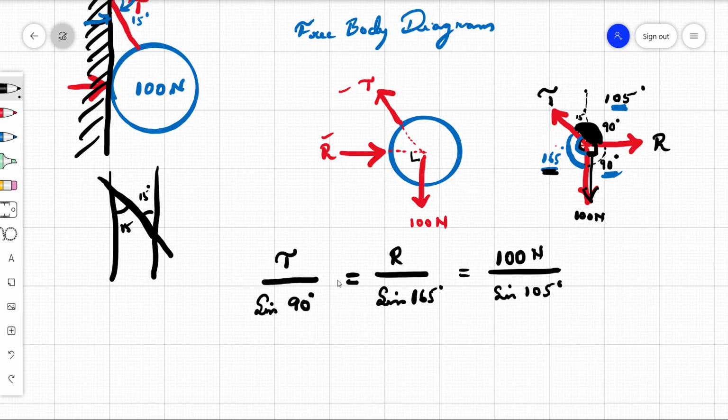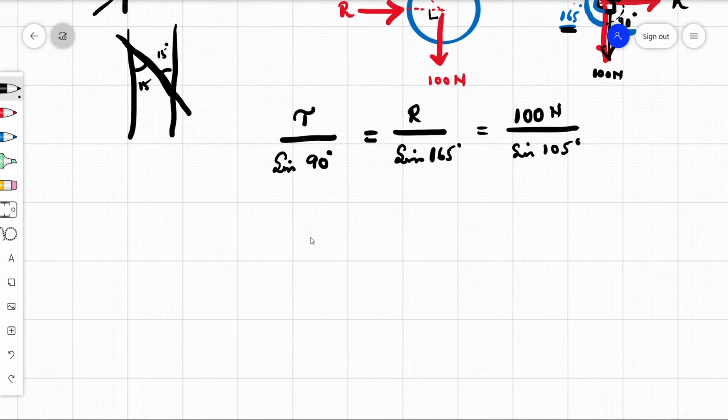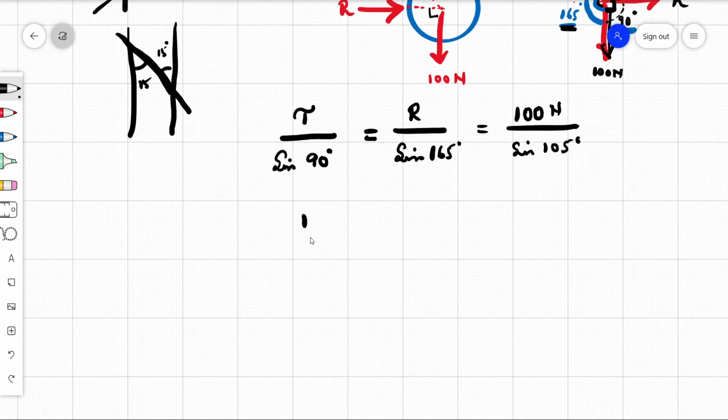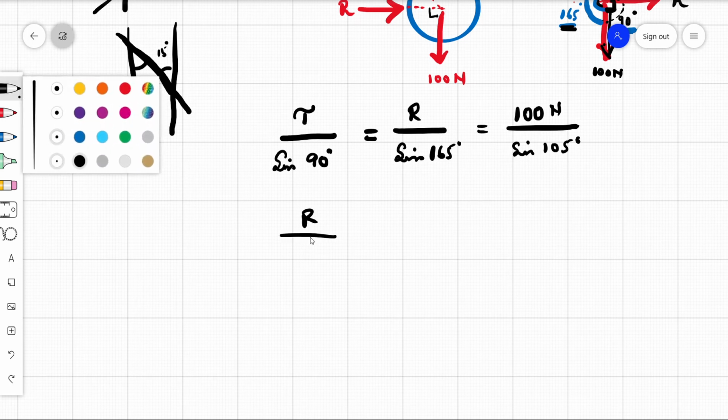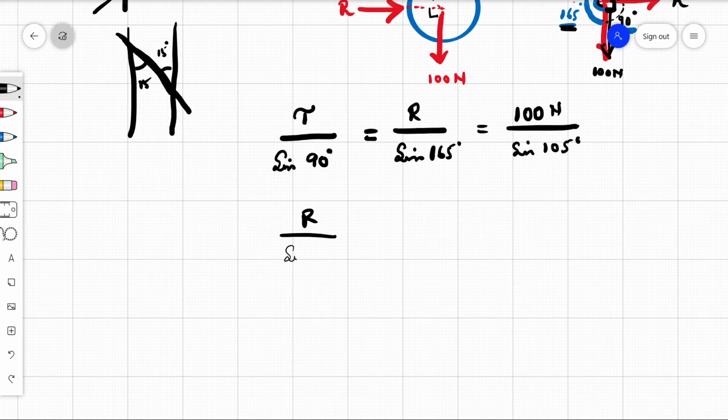Next step is very easy. I'll not waste time in calculating this. R divided by sine 165 is equal to 100 Newton divided by sine 105.